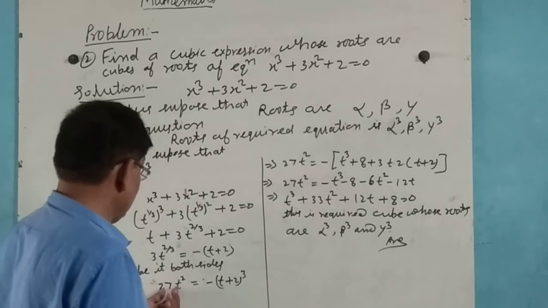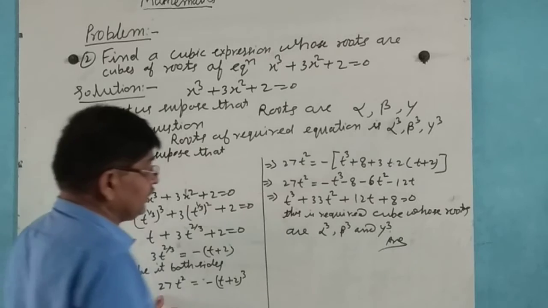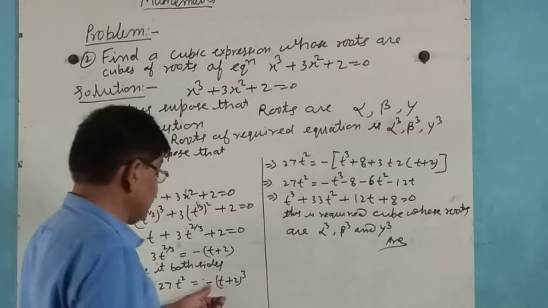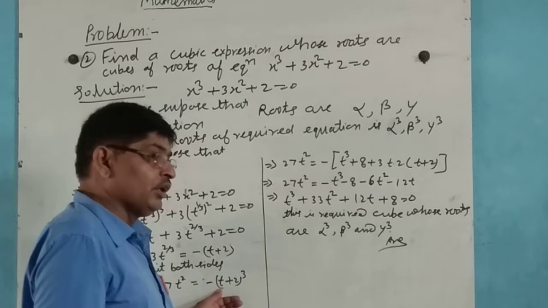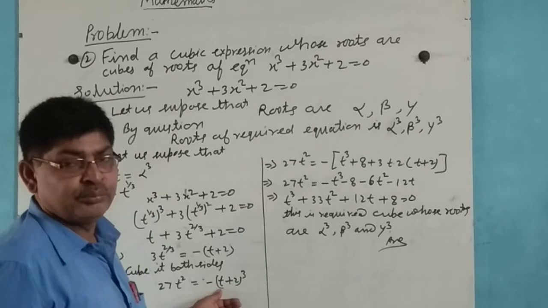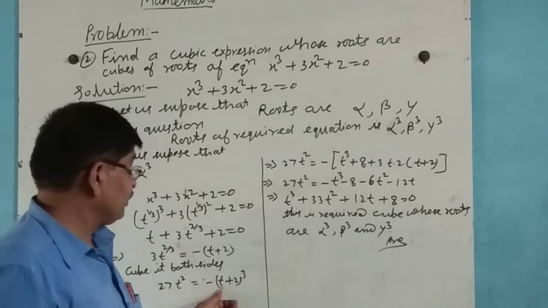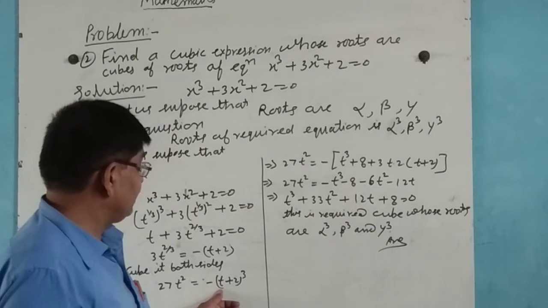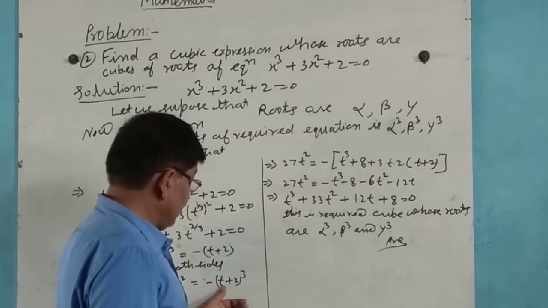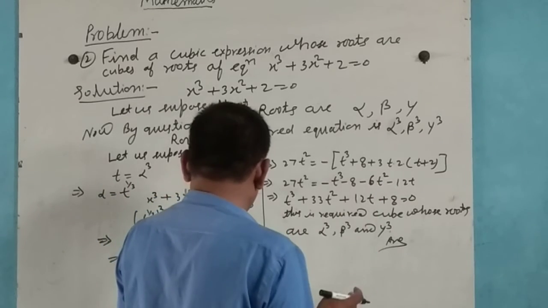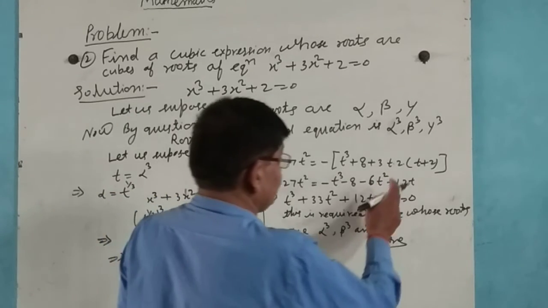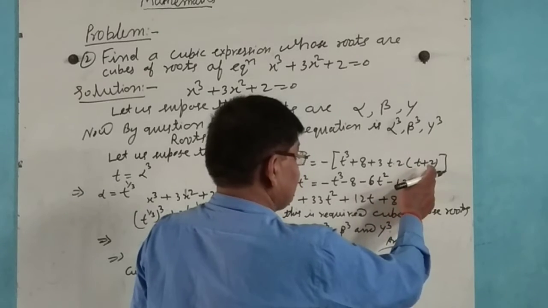27 t square equals minus (t plus 2) whole cube. Using the formula (a plus b) whole cube equal to a cube plus b cube plus 3ab (a plus b): t cube plus 2 cube, that is 8, plus 3 into t into 2 (t plus 2).